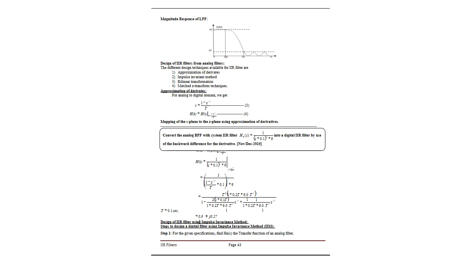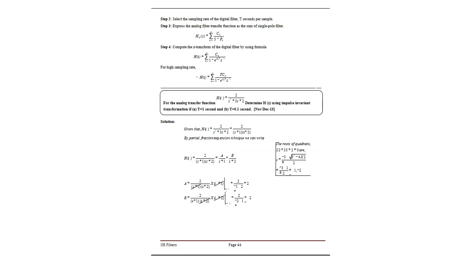So likewise, we are going to design the IIR filter using the impulse invariance method. There are many steps, so let me see them one by one. The first step is to find H_A(S), the transfer function of the analog filter, for the given specifications. Step 2, select the sampling rate of the digital filter, that is T seconds per sample.